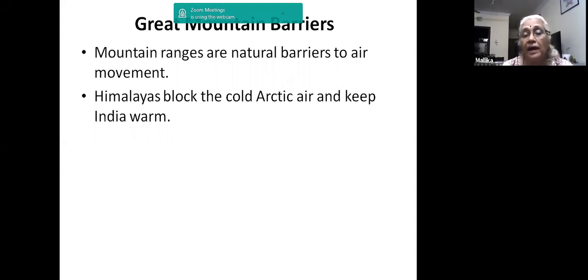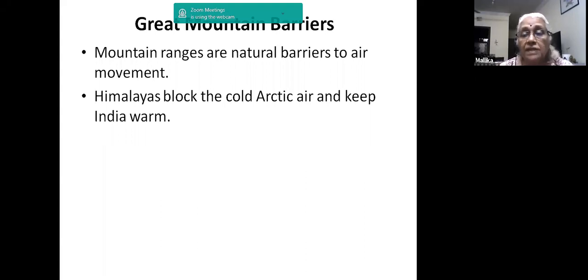And the highest mountain range is on the outside. We call it the inner Himalayas because they are inside, but they are outside India. Okay, so the outer range, which is the inner Himalayas, or what we call Himadri, abode of snow, that is what is the highest and does not allow the cold air to enter into India.